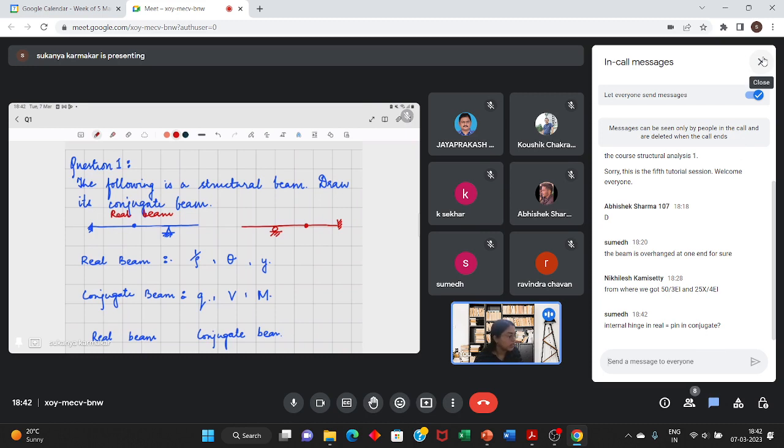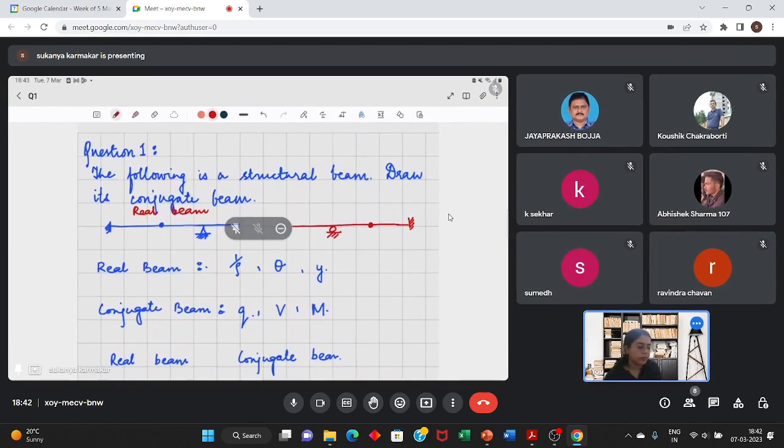Internal hinge in real is equal to roller support in conjugate. So this is a basic understanding of supports in real beam and conjugate beam.